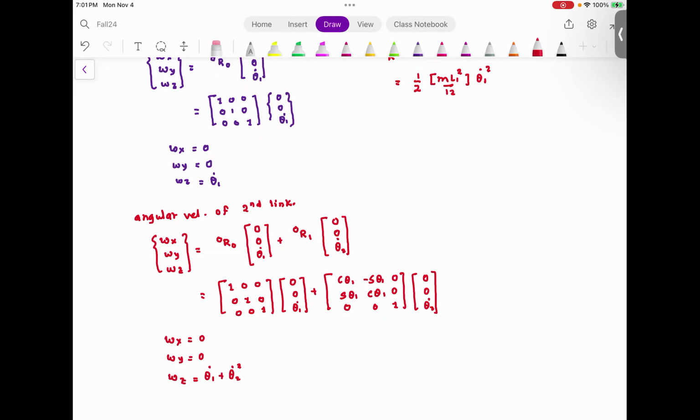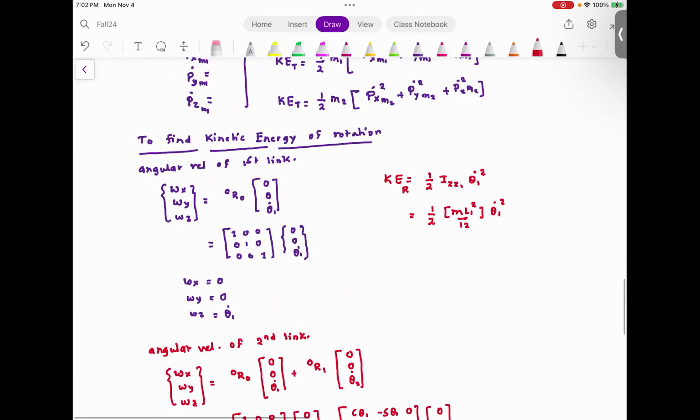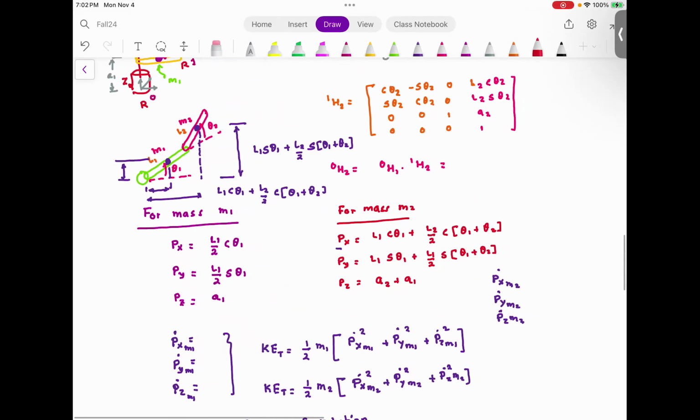But the angular velocity of the second link is its angular velocity about its own axis, theta 2 dot, plus theta 1 dot. If the angular velocity of this link is theta 1 dot and the angular velocity of this one is theta 2 dot, the total angular velocity of the second link is going to be theta 1 dot plus theta 2 dot.